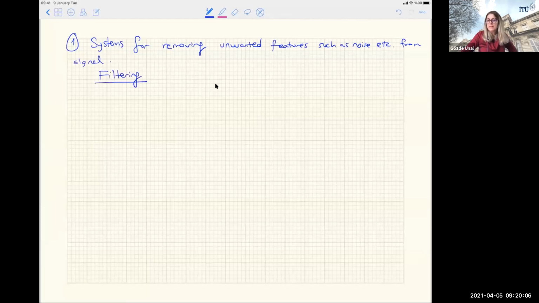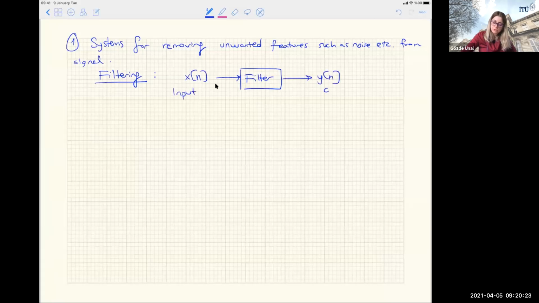In filtering, we believe the signal is corrupted with some unwanted information, some noise. And we then say x of n goes through this filter, input is mapped to output, and here you have prior information about the corruption.